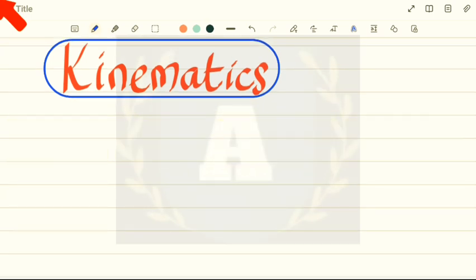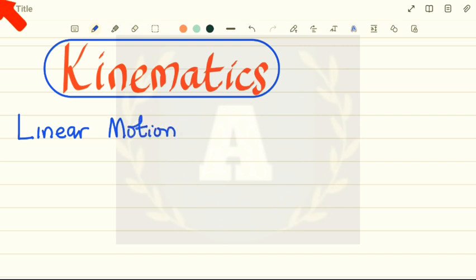So today we shall, by God's grace, look at linear motion and the necessary calculations that have to do with linear motion.